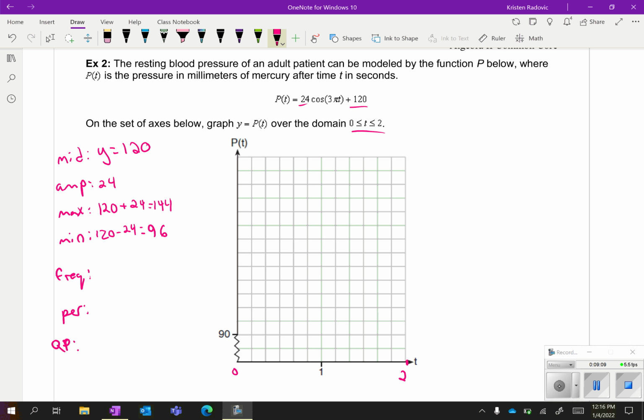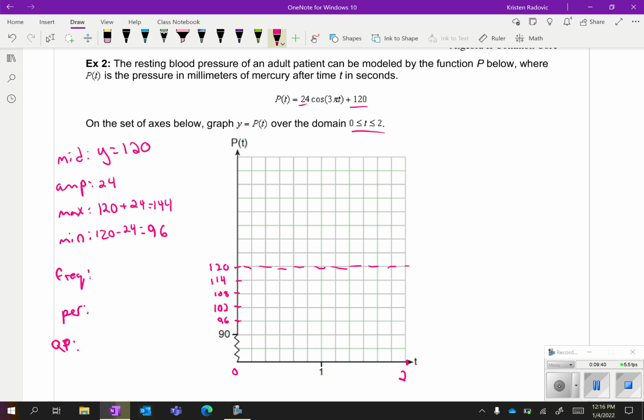So I'm going to make this 96. This is going to be 102, 108. I'm just counting up by 6s. 114. I get 120 on there, which is really nice. And that's my midline, so I'm automatically going to go and make my reference line.